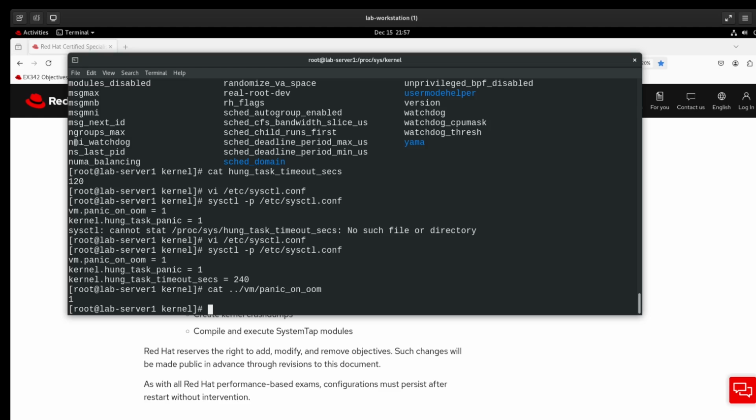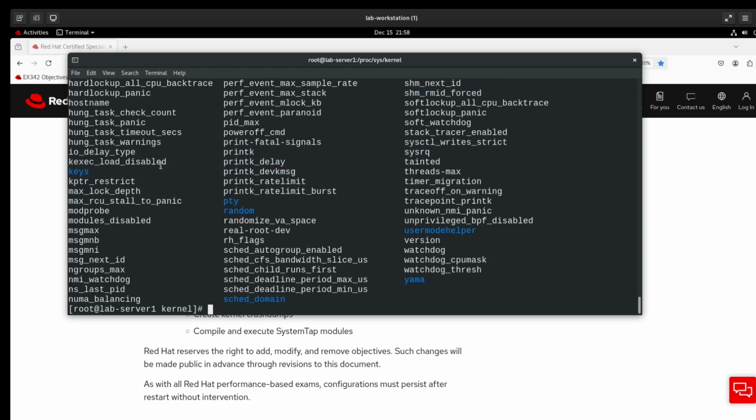So for sysrq, I know C is the command for crash. I think M is memory dump. There are others. We have to make sure that it's actually going to be enabled for us. So I'm going to see if I can remember exactly where it is. Otherwise, I will show you where I can find it in the man documentation to help with that. So let me see if I can find it first.